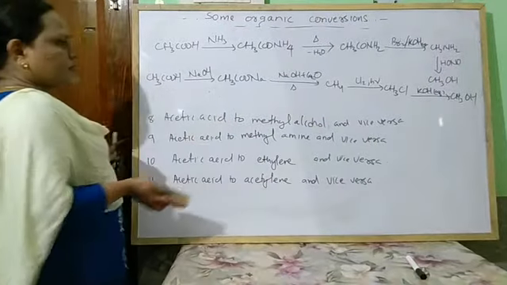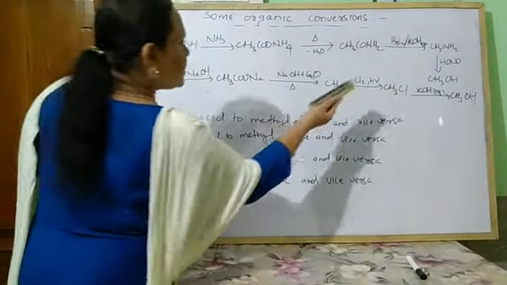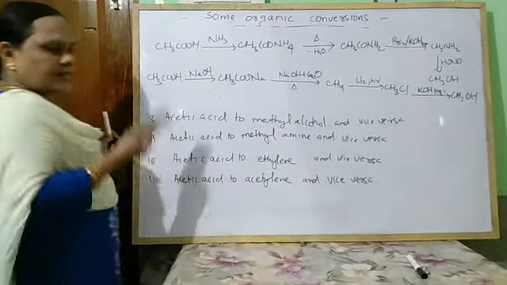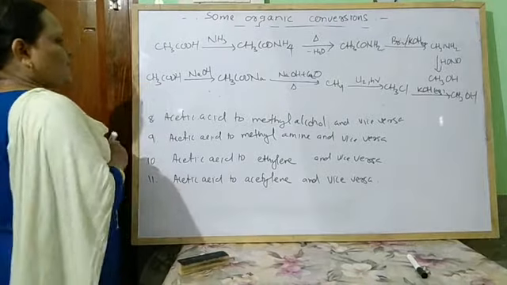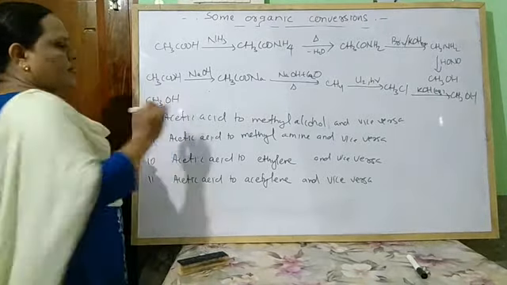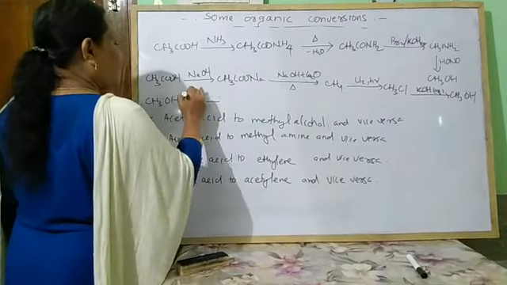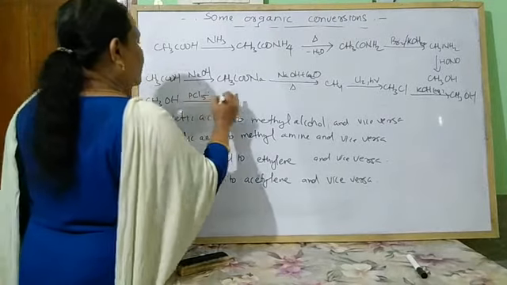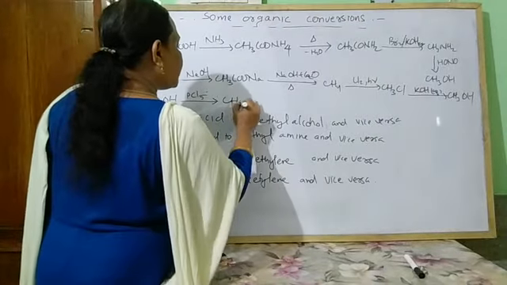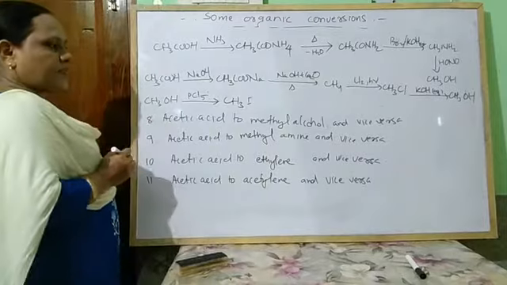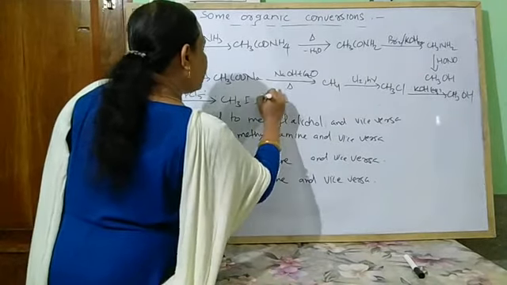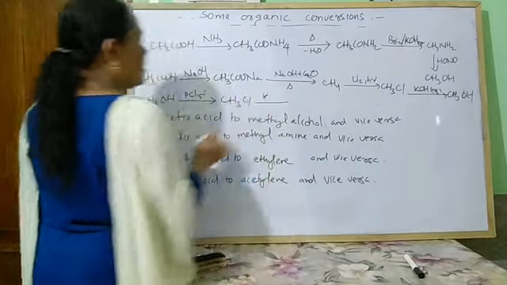Next, coming to the reverse, methyl alcohol to acetic acid. As we go from methyl alcohol to acetic acid, the number of carbon atoms increases. So first, methyl alcohol reacts with PCl5 or phosphorus iodine or PCl3 and forms CH3I or CH3Cl.